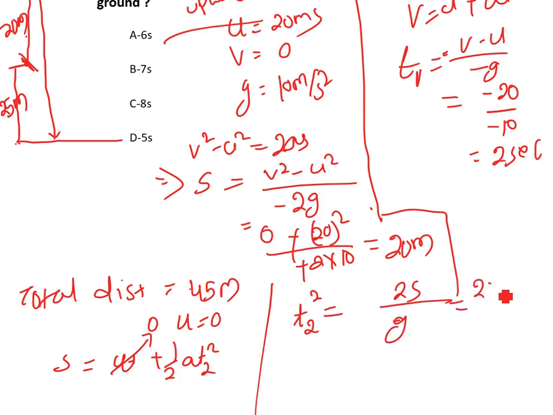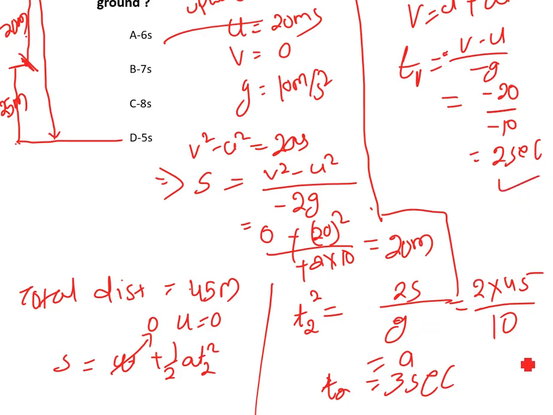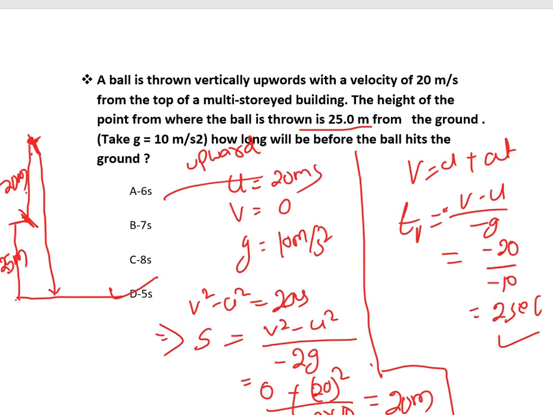So here in place of s I just put 45, 2 times 45 divided by 10. So if you calculate it will become 9. So now t2 will become 3. So here 3 second, here 2 second. So total time is 5 second. So 5 second is the answer, which is option D. So question number 1, option D, 5 second.